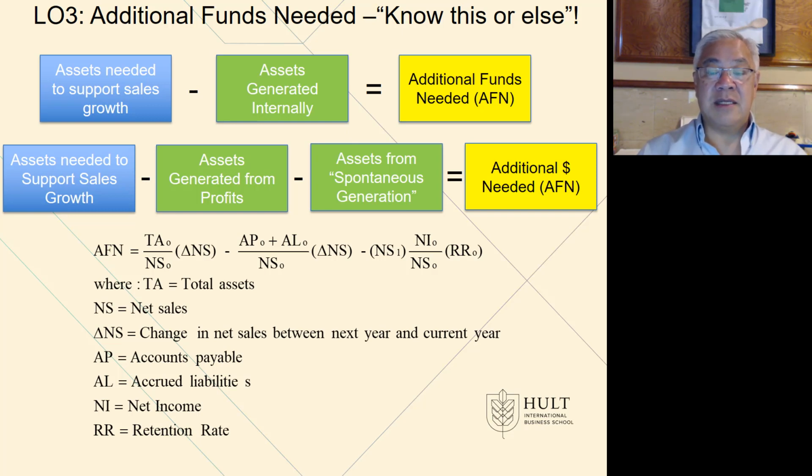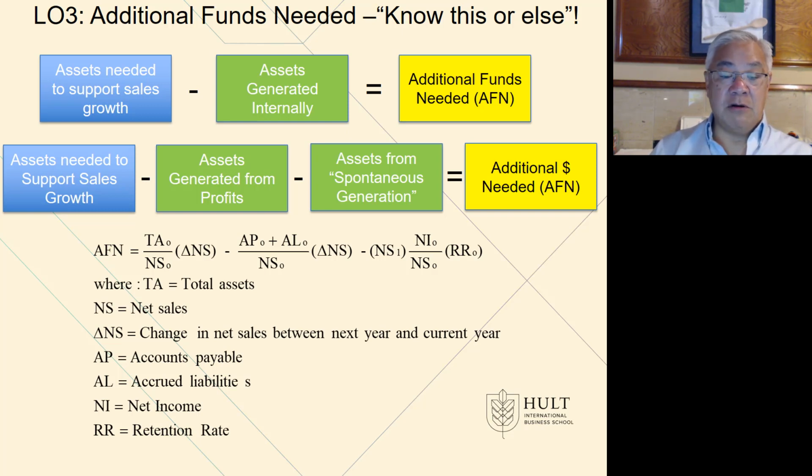And then you multiply it times the retention rate, which is of every dollar you make, how much do you keep in the business as opposed to paying out in dividend. So that last term is the profit I make, or a forecast from next year's sales, times the rate that I keep the money in the business to help me pay for the growth. So those are the factors. So that is the box called assets generated from profits.